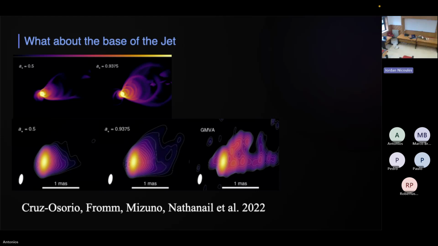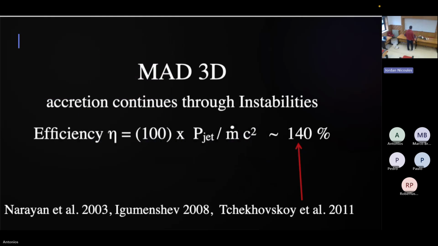Again, with MADs, with different spins, 0.5, 0.937, whatever, the GRMHD, and then you blur it a bit, and you see that the high spin is the closest to the observation. So high spin MAD fits the black hole shadow, fits the base of the jet. So from the accretion modes that we know, we are closer to this.